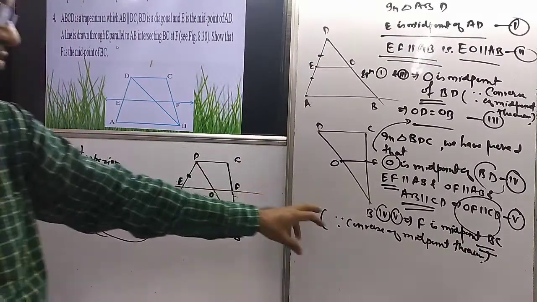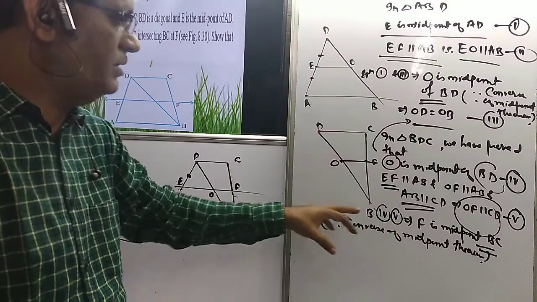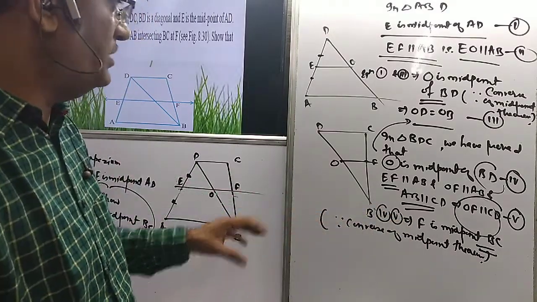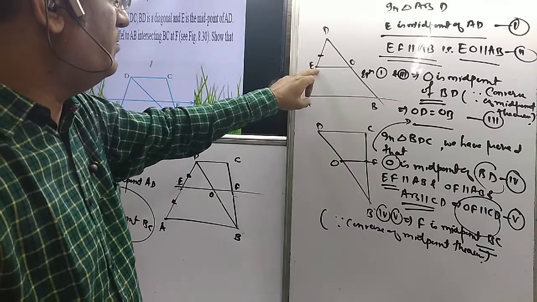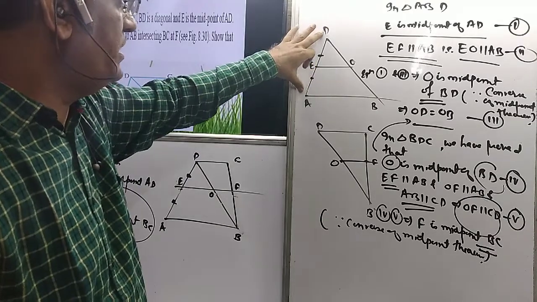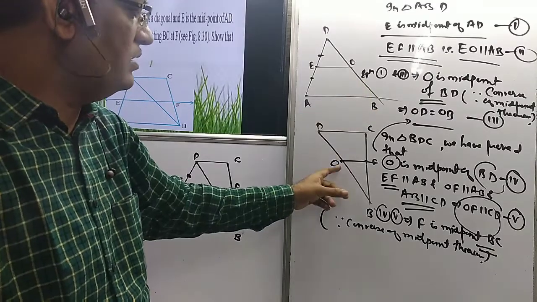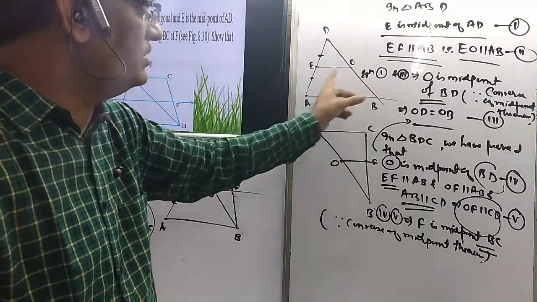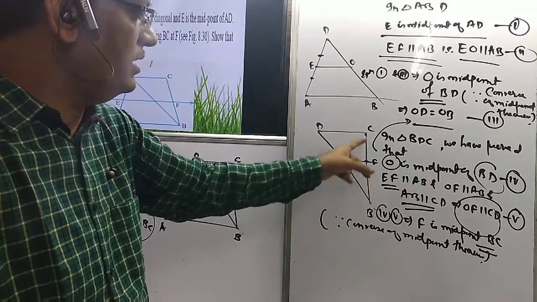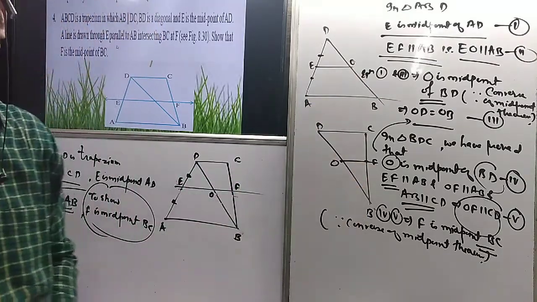And thus we have shown that F is midpoint of BC. First of all, E is midpoint of side AD, means O is midpoint of BD by converse of midpoint theorem. And second, O is midpoint of BD from this proof. Then F is midpoint of BC.